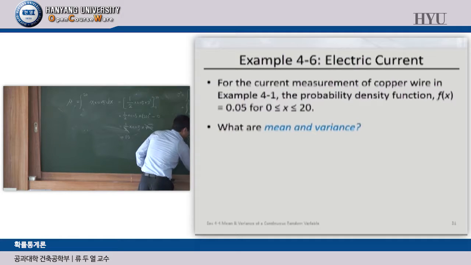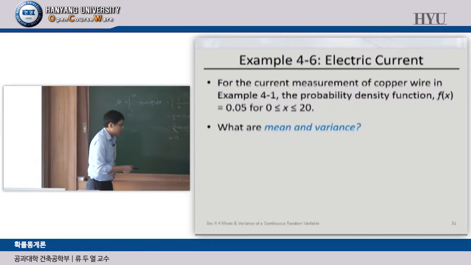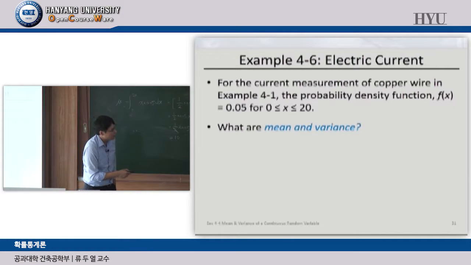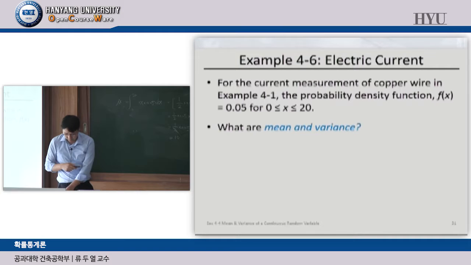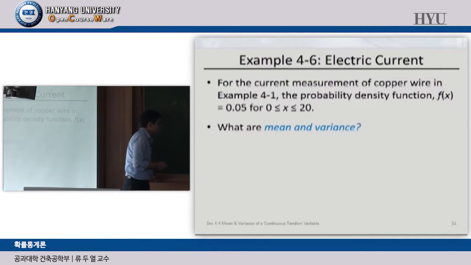And this is 133.33. Okay? So the final value will be 33.33. That is the variance for the previous example 4-1. So based on these equations, we can simply calculate the mean and variance for some special cases.